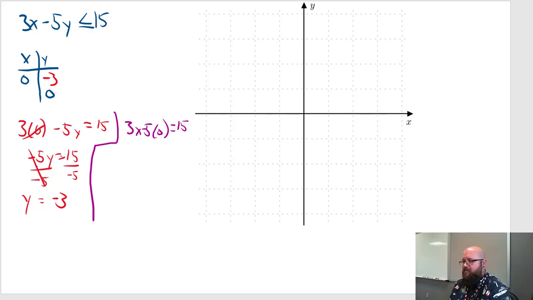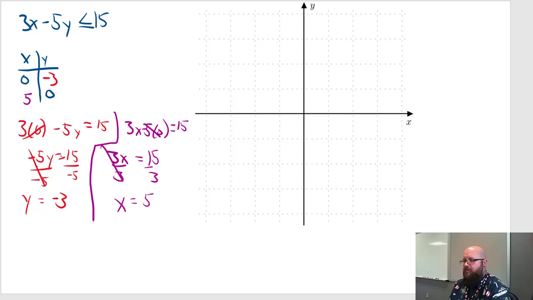Negative 5 times 0 goes away to 0, so we have 3x equals 15. Then we're going to divide by 3, in which case those 3's go away, and x is equal to 15 divided by 3, which is 5. Okay, so now we've got x is 5 and y is 0.